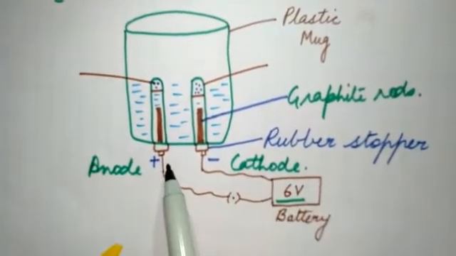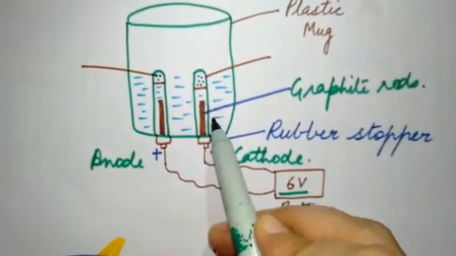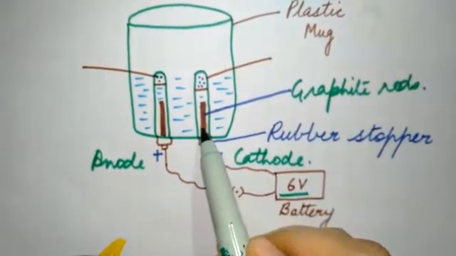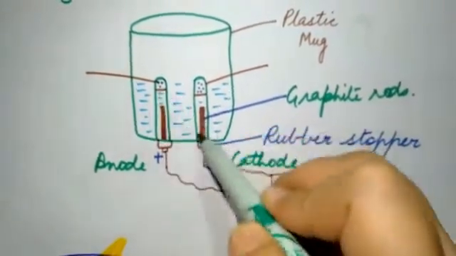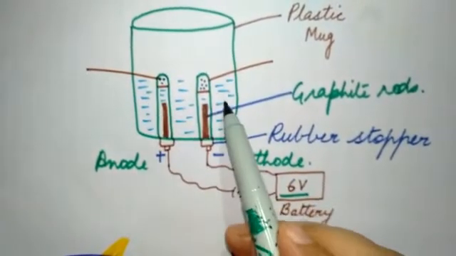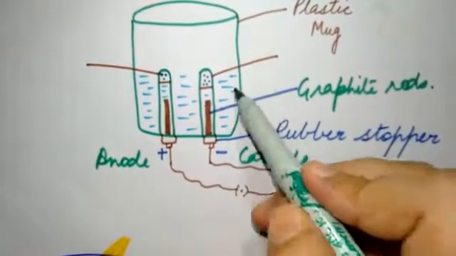In this, we invert graduated test tubes containing water over both the electrodes. These are the test tubes which we have inverted and they are also filled with water, and the plastic mug is also half filled with water, and this water is acidulated water.